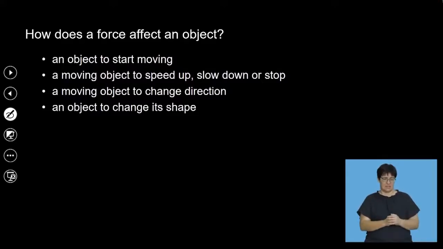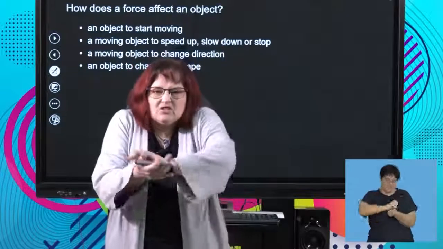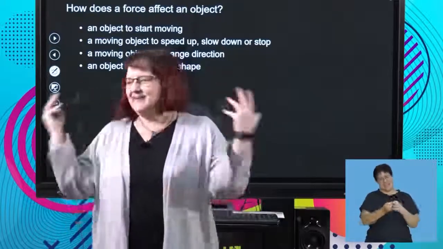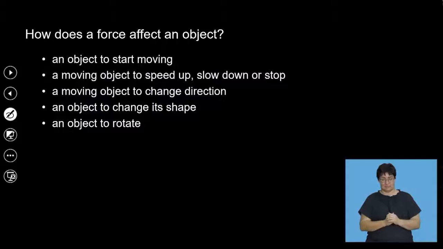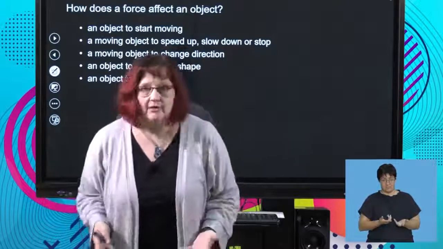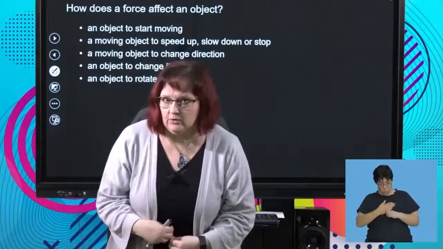We're going to make it simple. An object can change its shape. Now, if we change its shape, it doesn't change its momentum. Okay, it's like playing with Play-Doh when you were little, and you squish it and squash it and all those sort of things, okay? That doesn't affect momentum. We can also cause it to rotate, spin, go in circles. That has nothing to do with the momentum we're working with, okay?